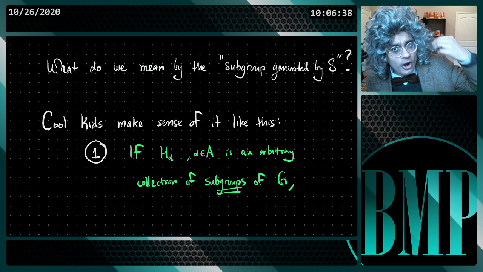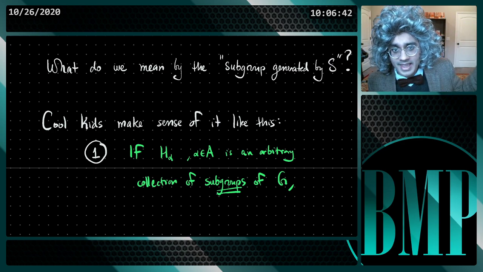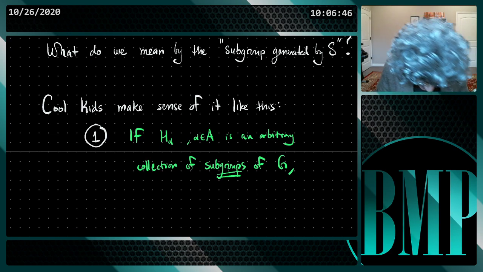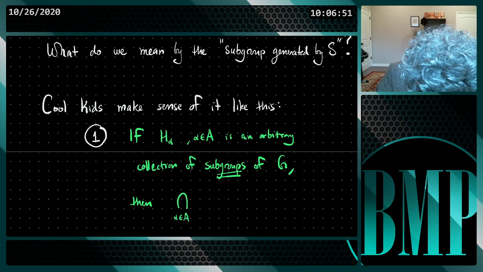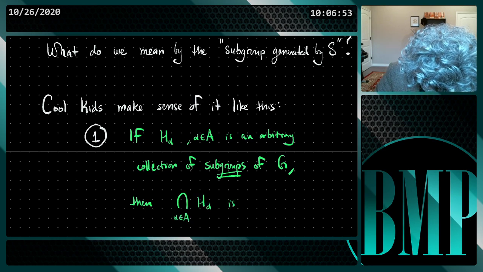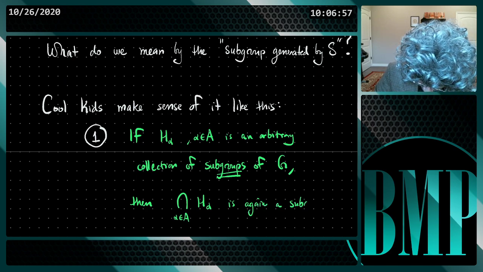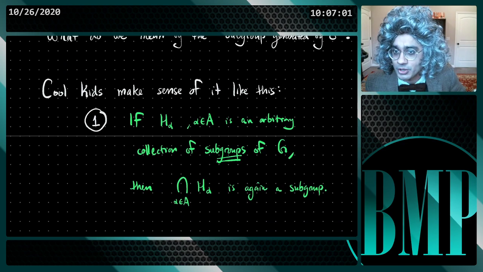If you have an arbitrary collection of subgroups of a group, indexed by some set A, then the intersection is again a subgroup. Okay, that's the first thing you observe.